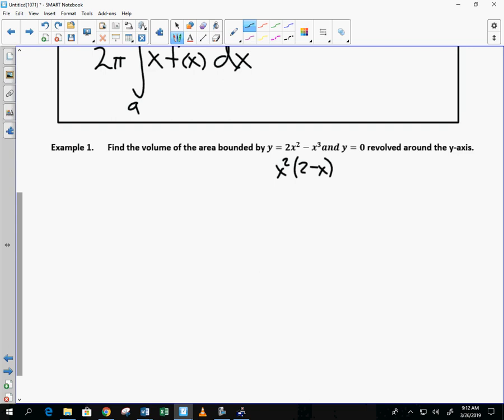Looks like it's got a double root at 0. So this graph, I'm just going to draw a really quick sketch of it. This graph looks like this, where that's 2 and that's 0. Everybody see it? So we're bounded by that, and y equals 0, which is the x-axis. So this is our region right there, and we're going to revolve it around the y-axis.